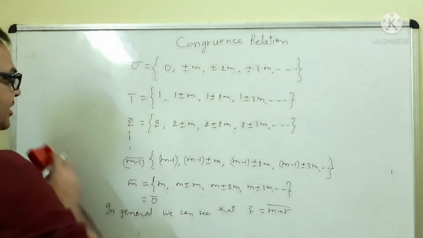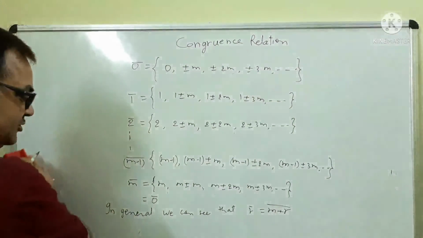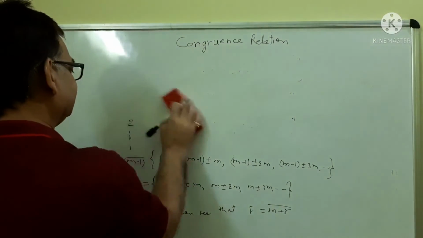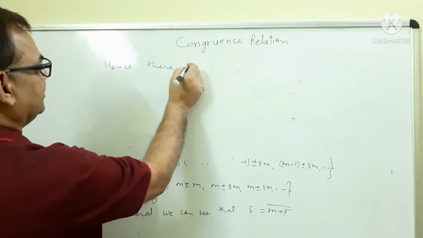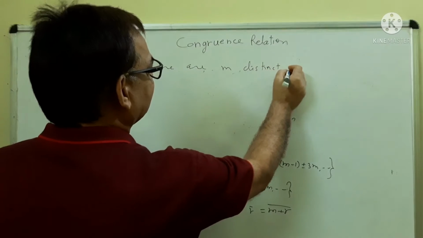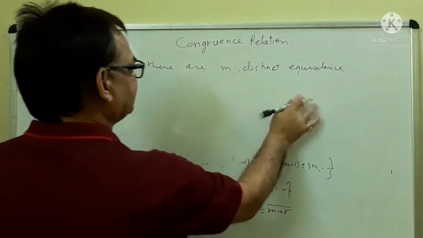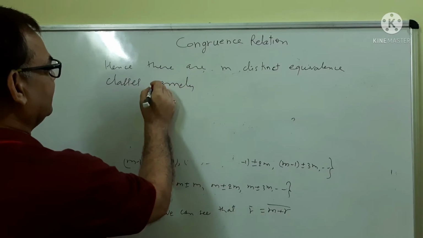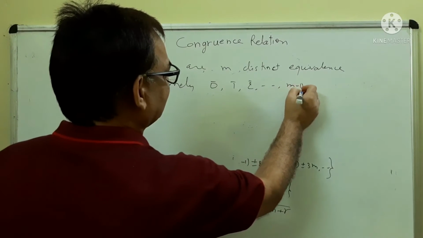Hence, there are only m distinct equivalence classes, namely 0 bar, 1 bar, 2 bar, up to m minus 1 bar.